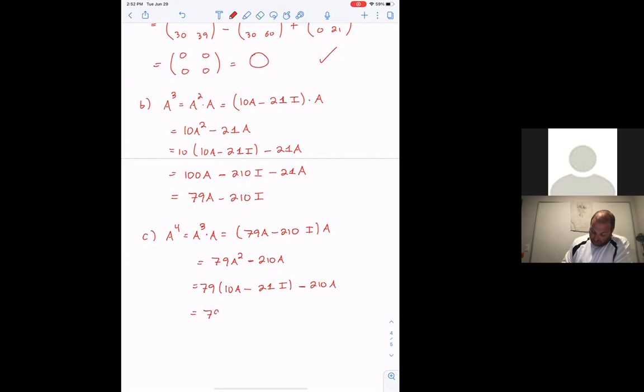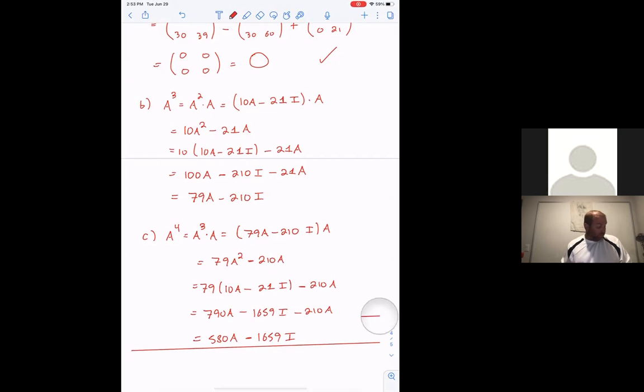So that's 790A minus, this is a calculator problem, 79 times 21 is 1659I, minus 210A. And then we get 580A minus 1659I. And that takes us to the end of question number 11.